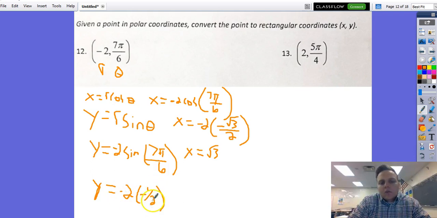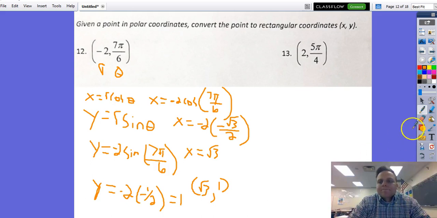So -2 times -1/2, the negatives cancel each other out, the 2's cancel each other out, so we're left with just 1. That leaves us with the rectangular point square root of 3, 1. And there we go.